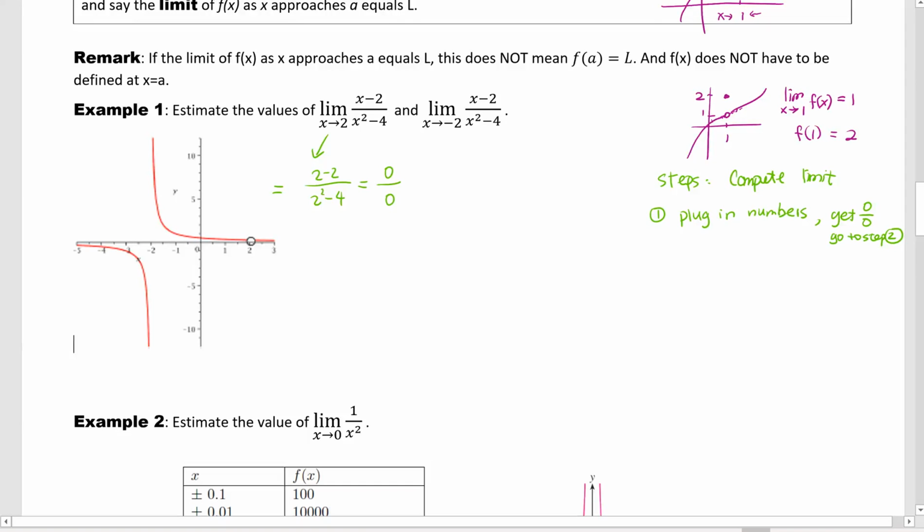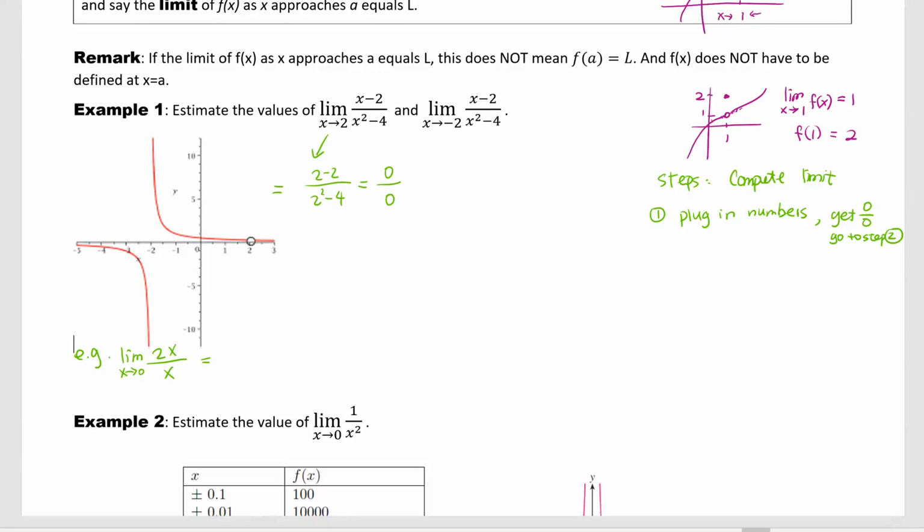Okay, so 0 over 0, my previous students sometimes think, 0 over 0, no solution. No, you always have a solution, okay? So 0 over 0 can be anything. So 0 over 0 can be a number, okay? So I can give you, for example, 2x over x, right?